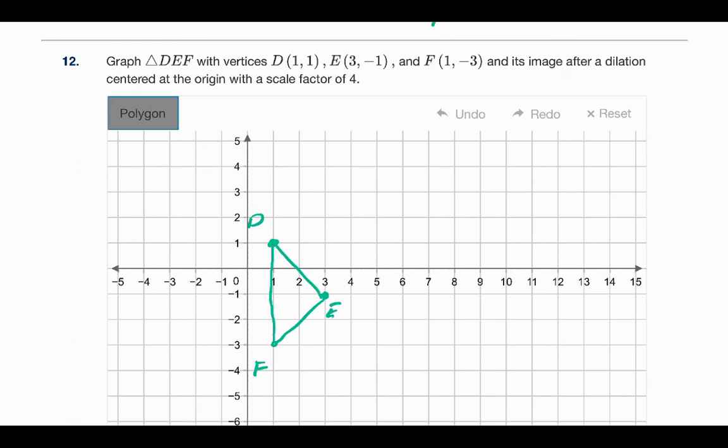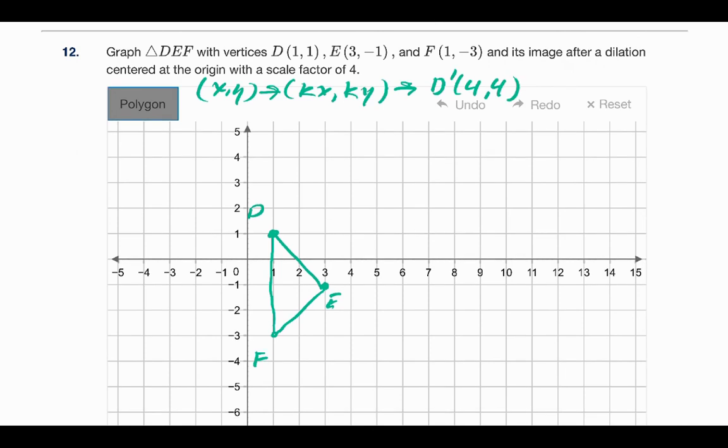And then remember what we just talked about on the dilation. The rule for a dilation is that (x, y) goes to, in this case, (k times x, k times y). I'll tell you the first one right here. D would be 4 times 1 is 4, and 4 times 1 is 4, so our D prime would be 4, 4.